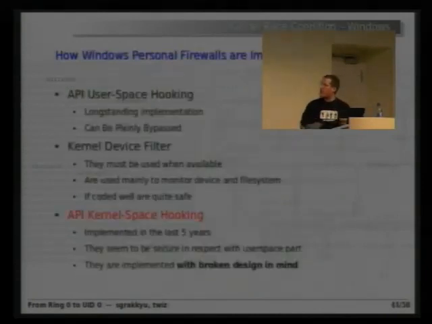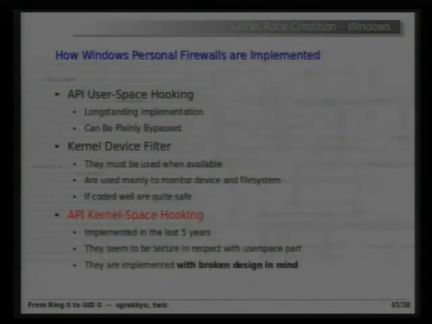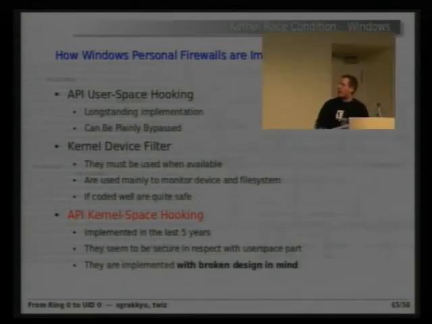This is the real topic. How third-party software integrated in Windows, like desktop protection, personal firewalls or antivirus, is implemented inside the Windows kernel, and how we can exploit this race condition in those systems to bypass their controls.